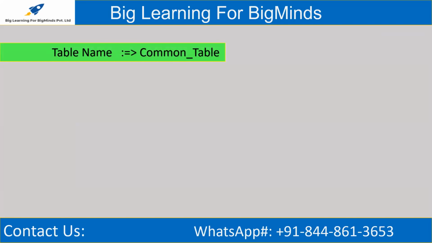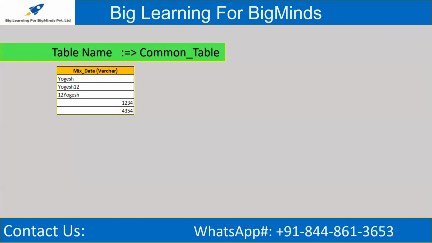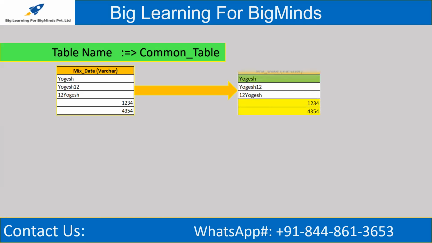My table name is common table and here is the data in this table. I have a column mix_data. This is varchar type, and I have 5 records in this table. The first green highlighted record, Yogesh, is purely character data.